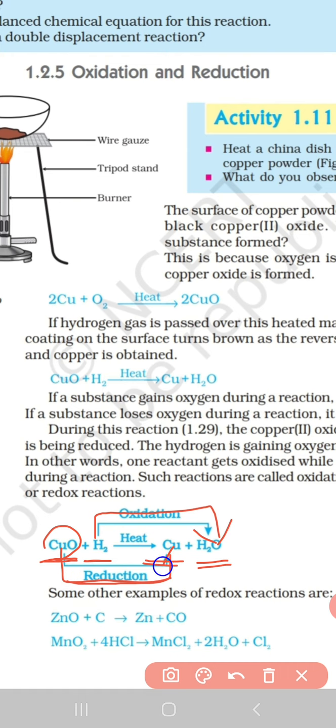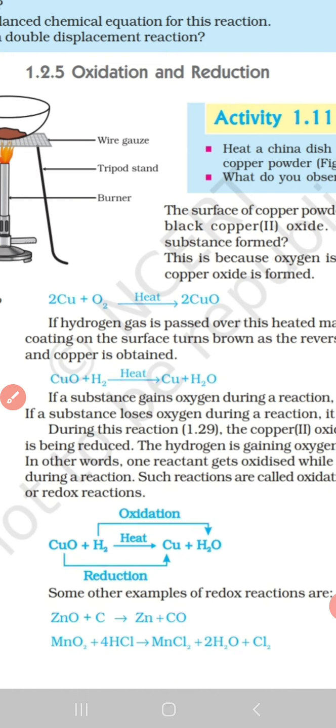From CuO, that is cupric oxide, we get copper only. That is a reduction reaction. And from H2 we get H2O, that is an oxidation reaction. Both happen in one reaction. Such a reaction is called a redox reaction.